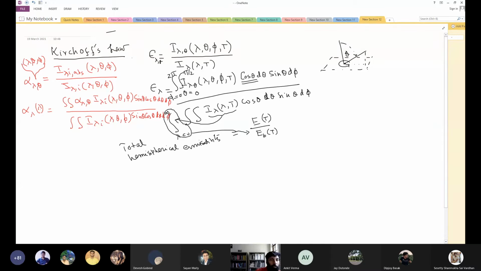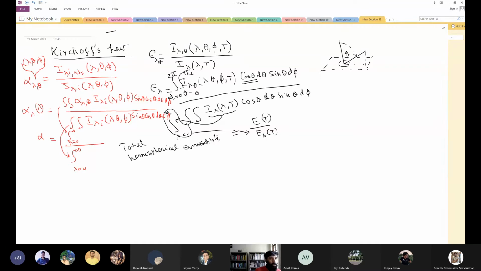This is alpha lambda, and if we integrate it over lambda equals 0 to infinity, divided by the incident integrated over lambda equals 0 to infinity, we get alpha.